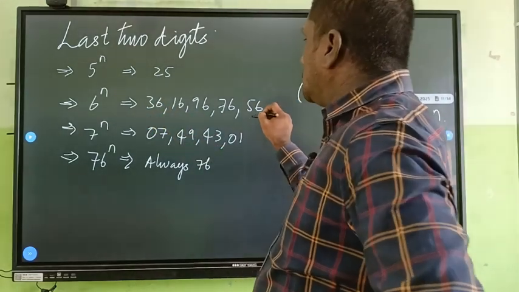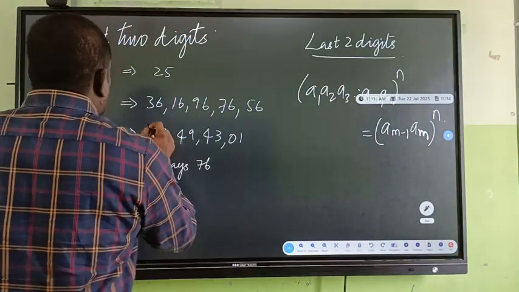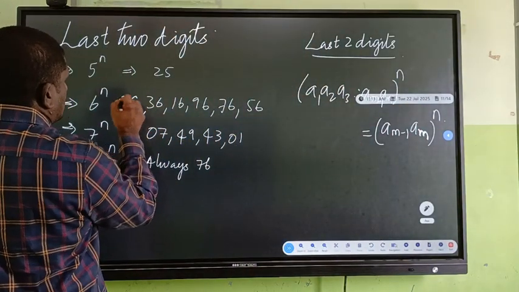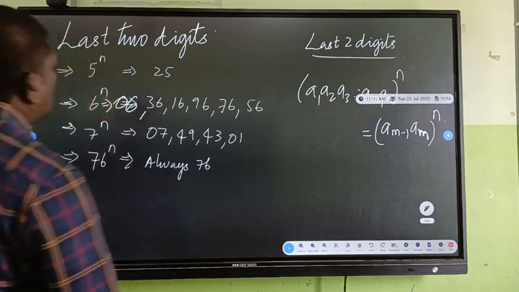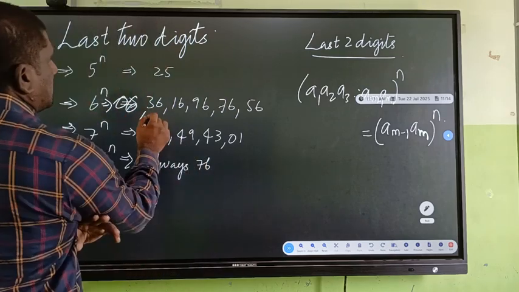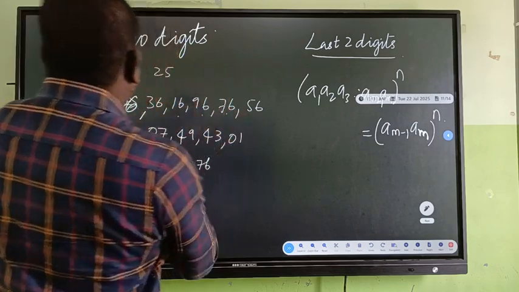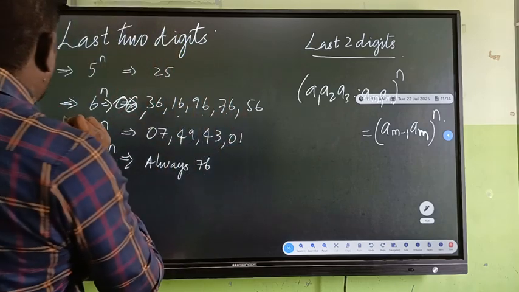How you want to understand this is, if you have 6 power 0, okay, what is the last 2 digit? 6 power 1 is 06. You start from 06. That is the right way to understand it. 06, 36, and so on. So 1, 2, 3, 4, 5 is the cyclicity of 6 power n.